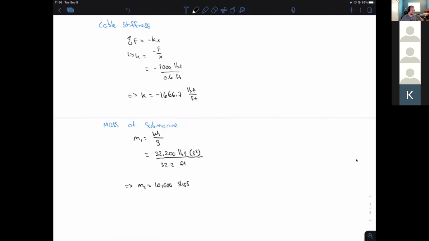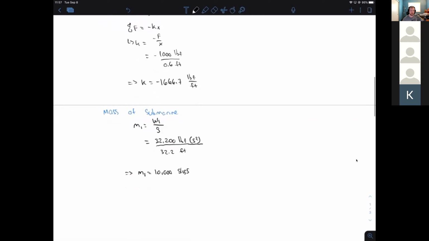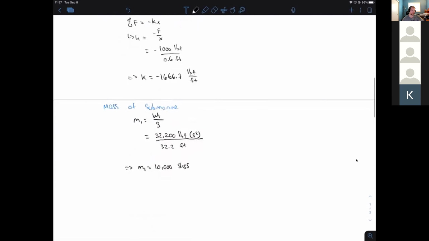Okay, so the maximum force is going to occur when our acceleration is at a maximum. So if you think about that again, we're doing the sum of the forces equals mass times acceleration. So our mass is going to stay constant, or we're going to assume that it's staying constant for the submarine. And then we have the acceleration. So to have our maximum amount of force, we need the maximum amount of acceleration. Okay, so if we look back at our equation of motion, I'm going to write this down again.